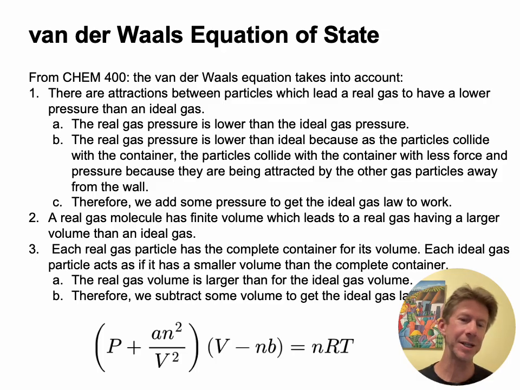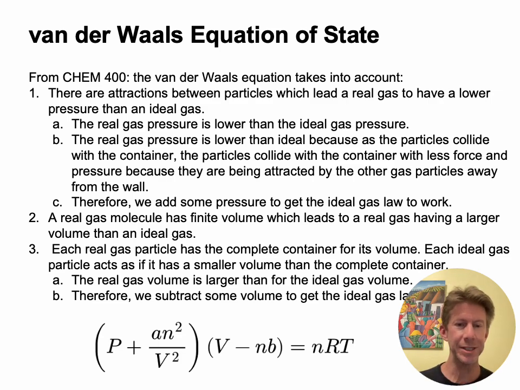Those attractions lead to a lower pressure, so this term right here adds some pressure back in to make the behavior back to that of an ideal gas law equation. A real gas takes up less volume, so we have to subtract some volume off here in order to make it a real gas.